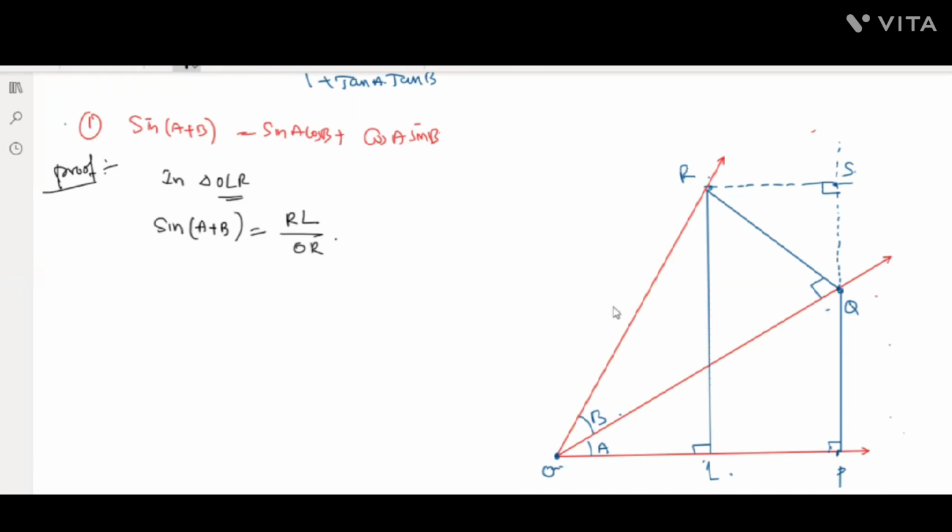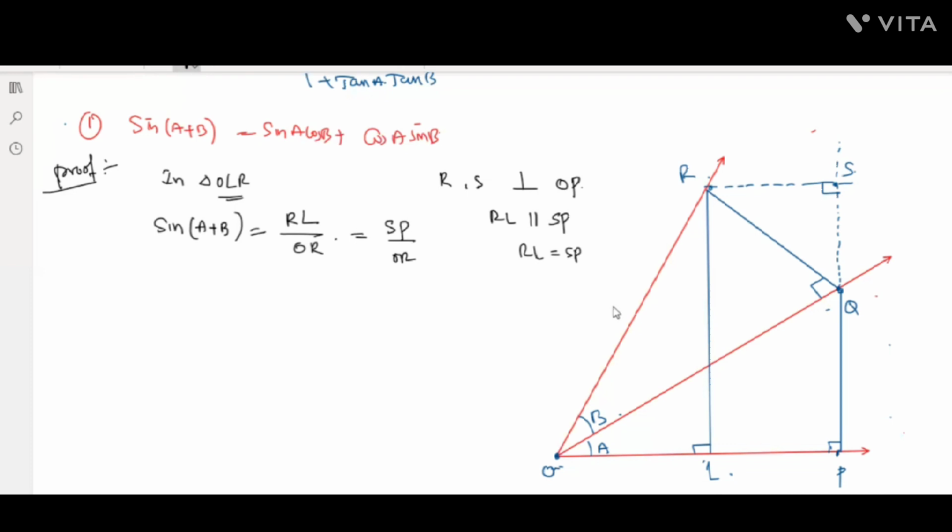But I don't know RL, right? So RL I cannot find directly. But see here, from R and S, I drew the perpendicular to the same line OP. So that means RL is parallel to SP and RL is equal to SP. By that I can write RL as SP by OR.